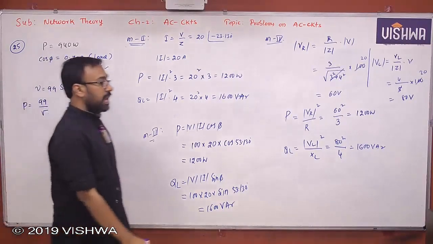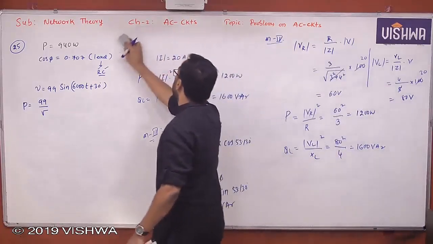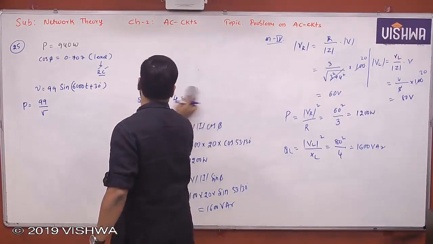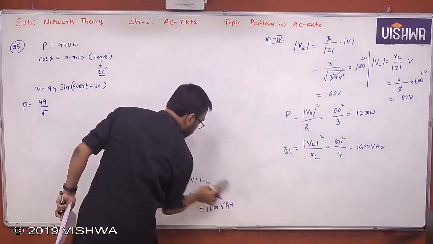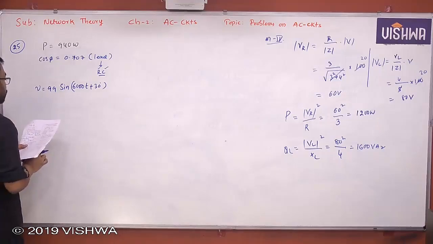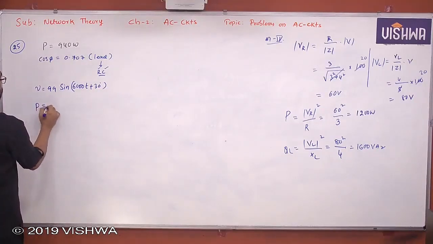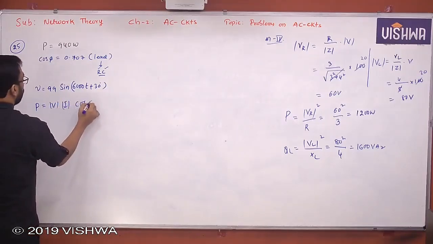Okay, let me write the formula here. P is equal to VI cos phi. What is V? Tell me all of you.